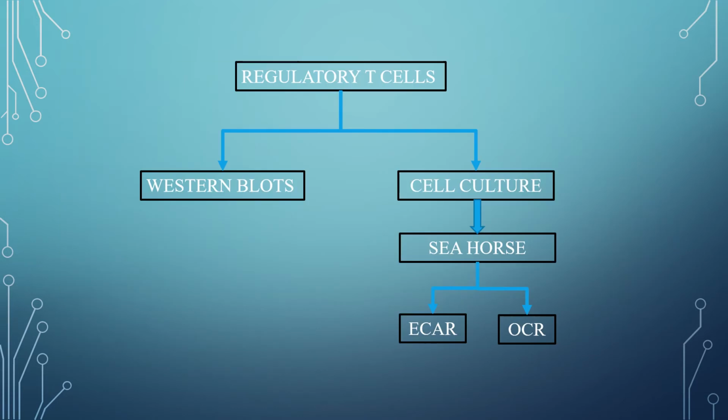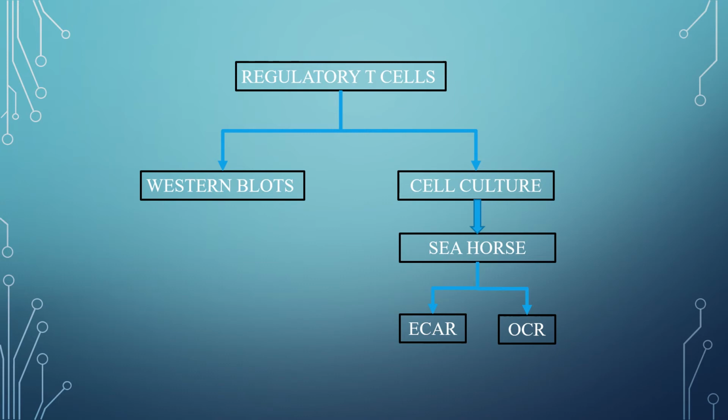To explore further the effect of IL-27 on cell metabolism, we harvested the remaining sorted Treg cells that had been cultured for an additional 36 hours in medium containing anti-CD3 antibody, anti-CD28 antibody, and IL-2.